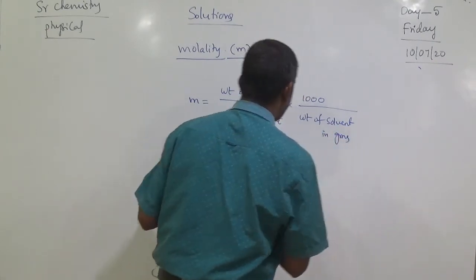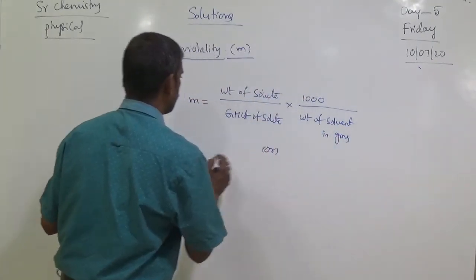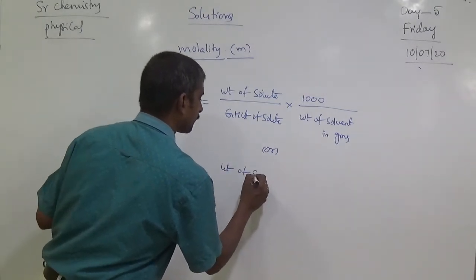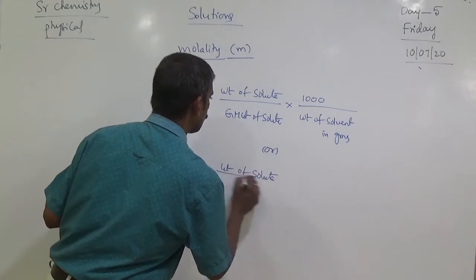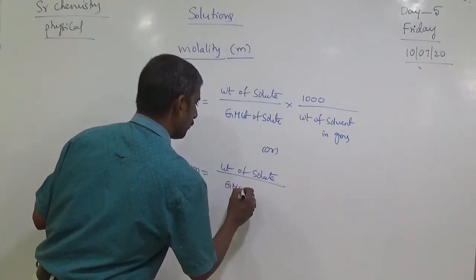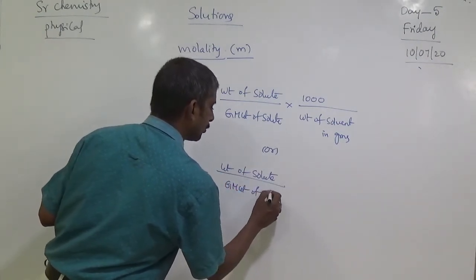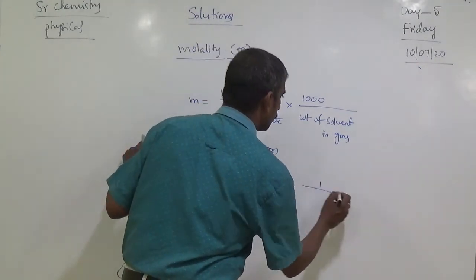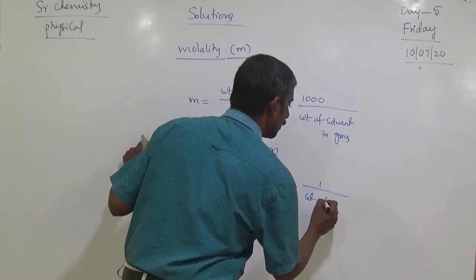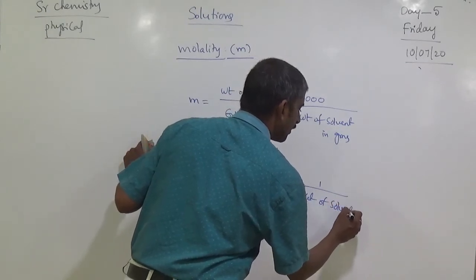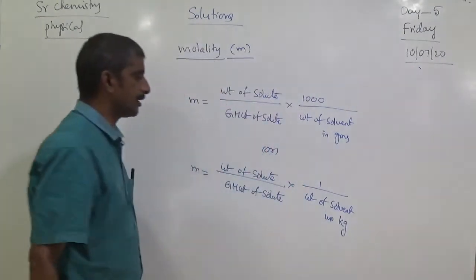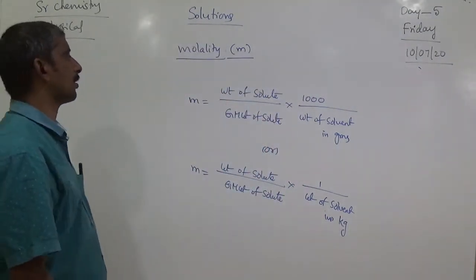Or another formula, both are equal: weight of solute by gram molecular weight of solute into 1 by weight of solvent in kg. So these are the molality formulas.